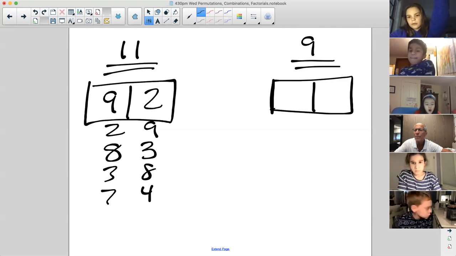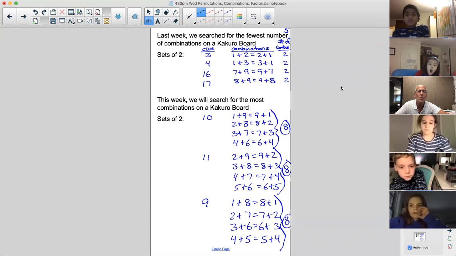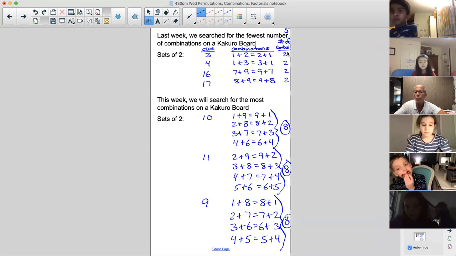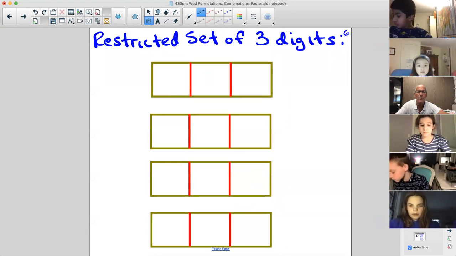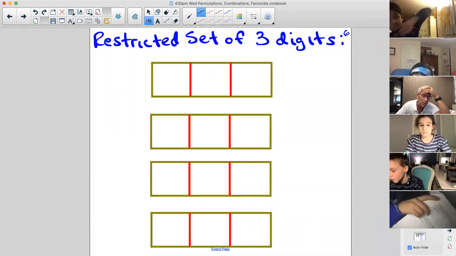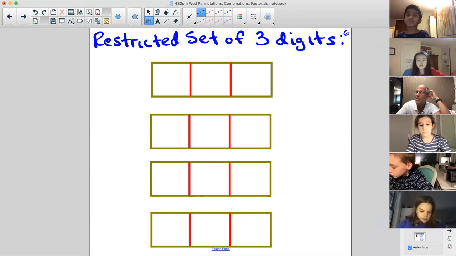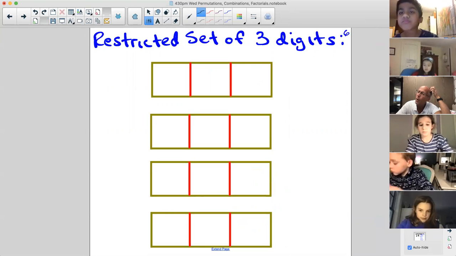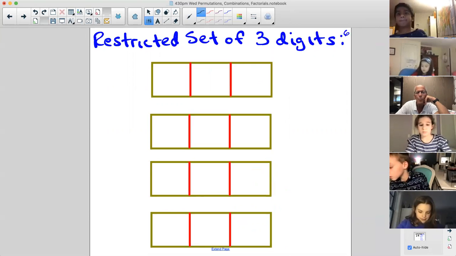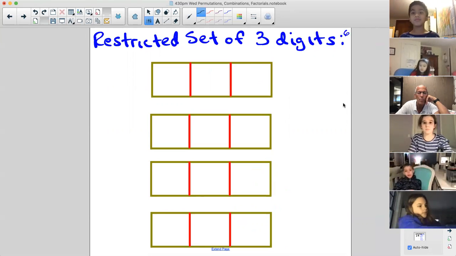Now, I want everybody right now to go to page, I'm sorry, wrong page. Go to page 6. Do you guys remember there were 4 numbers that had the fewest, that had the least combinations, the least permutations with 3 digits? Do you remember what those numbers were?